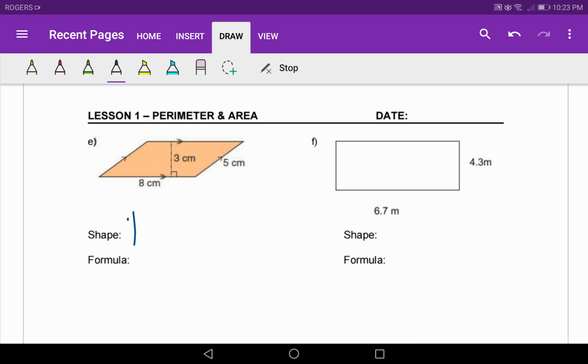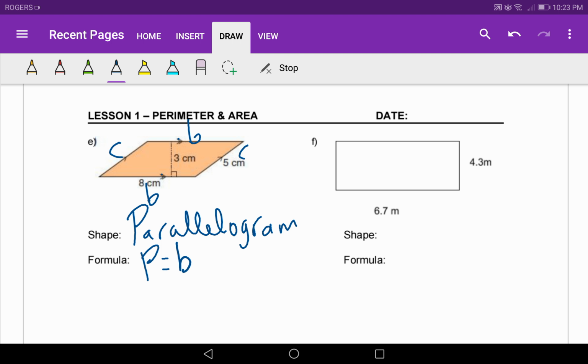So this is a parallelogram. And the perimeter, if this is side B, this is side B as well because they're equal. This is C, this is C. So it'd be B plus B plus C plus C. You don't really have to write that formula out because it's so basic. You can just get right into adding up the numbers. So it's 8 plus another 8 here.